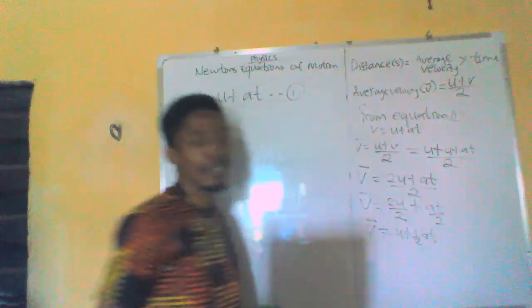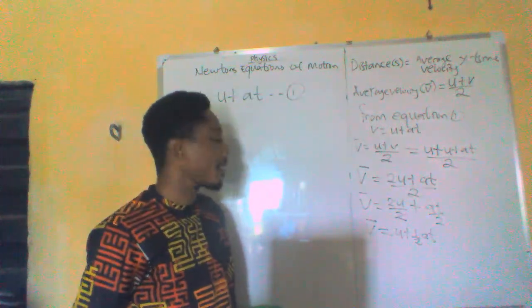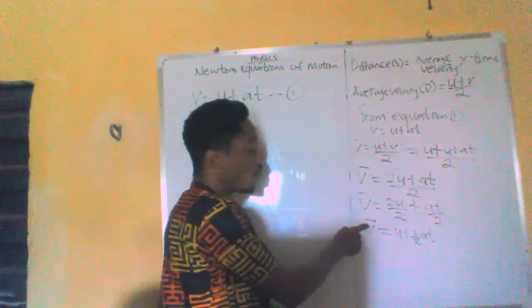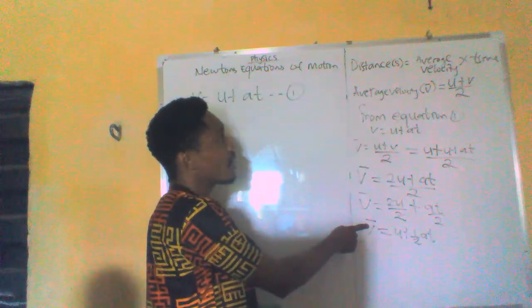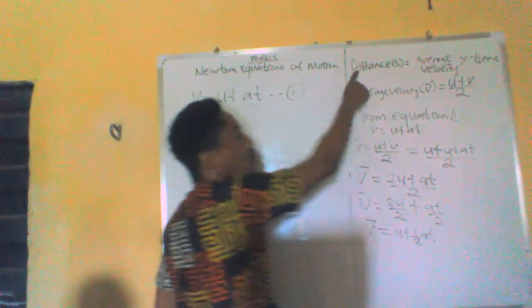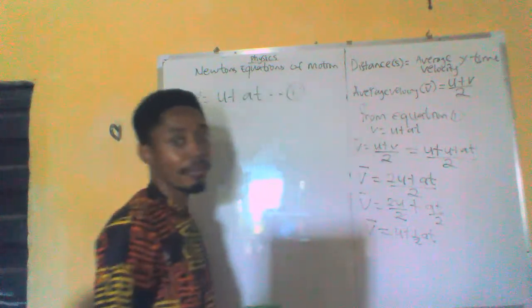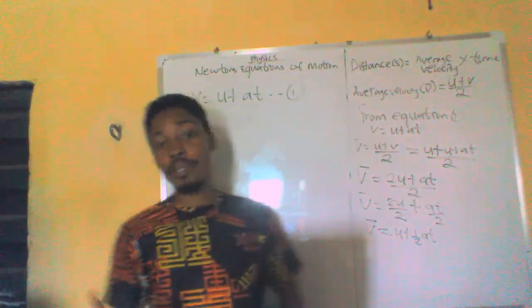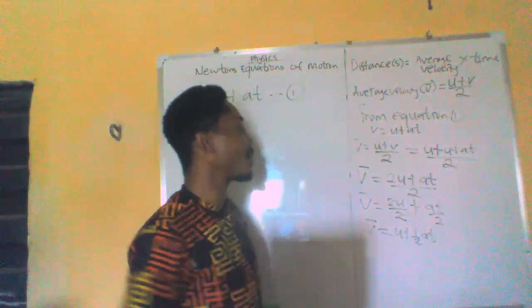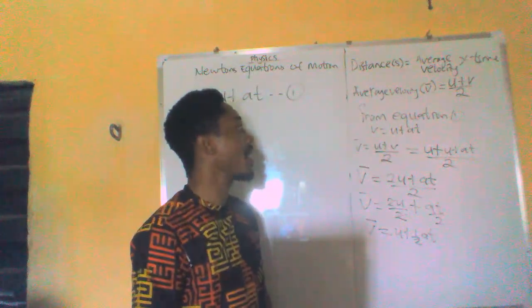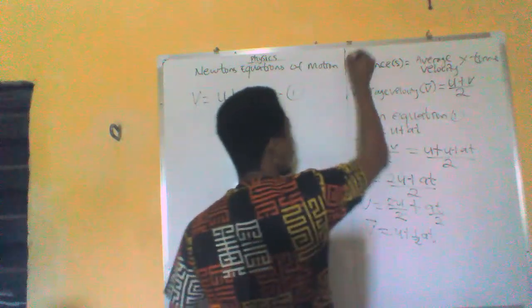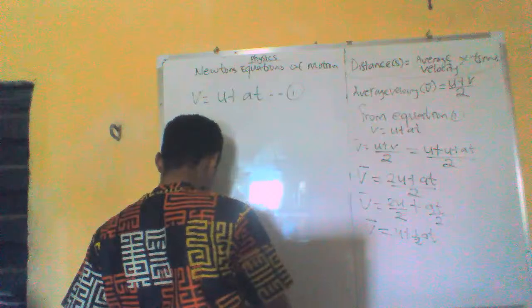All right. If we have agreed on this point, the next thing we're going to do is substitute the value for V bar, which is average velocity, into our expression for distance. I can give you a few seconds to catch up with the screen, because I will be continuing from this equation.